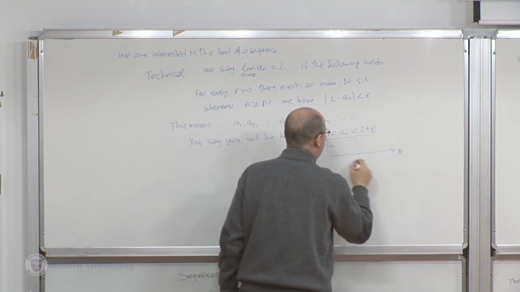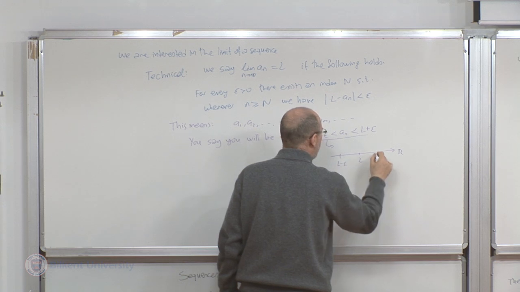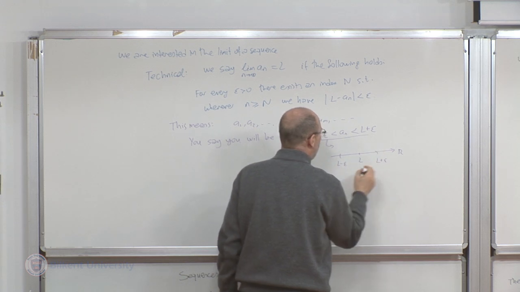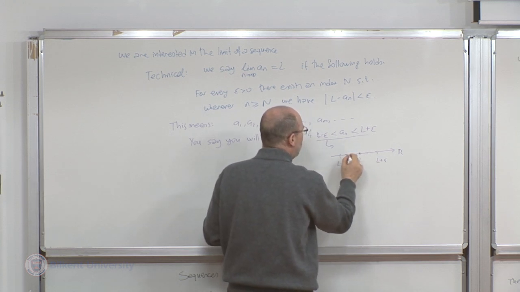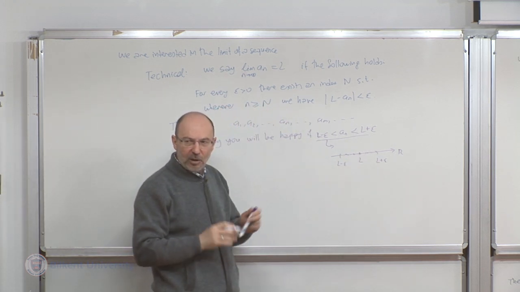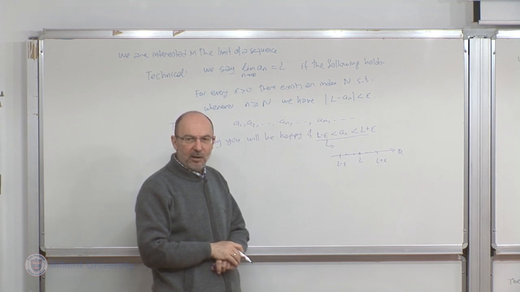This is L. This is L minus epsilon, L plus epsilon. If all the an's lie here, you will be happy. And then you say, okay, I'll accept L as a limit.